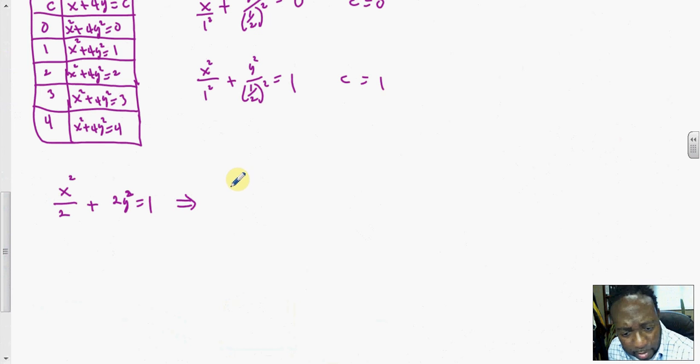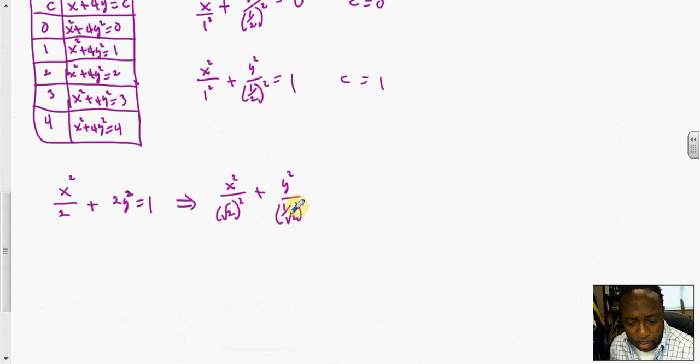And that implies that we have x squared over the square root of 2 squared plus y squared over 1 over the square root of 2 squared. Once you square this 1 over the square root of 2, you get 1/2, and then when you flip it, the 2 comes back upstairs again. It's equal to 1, and this was for c equal to 2.